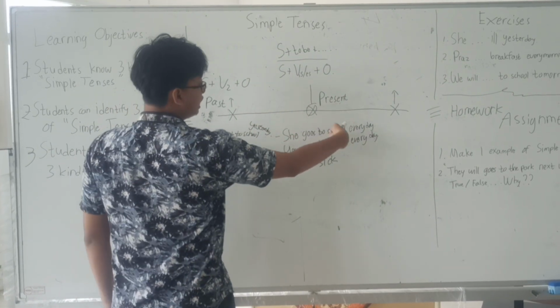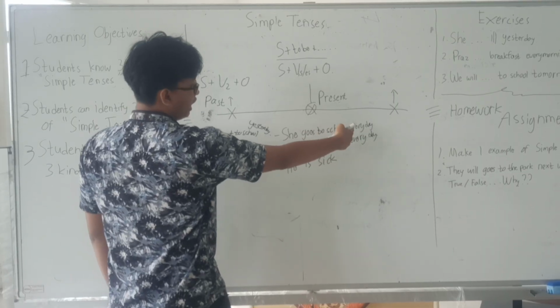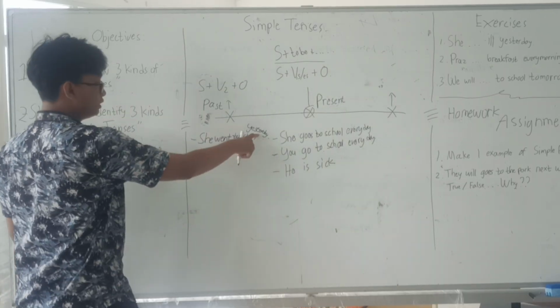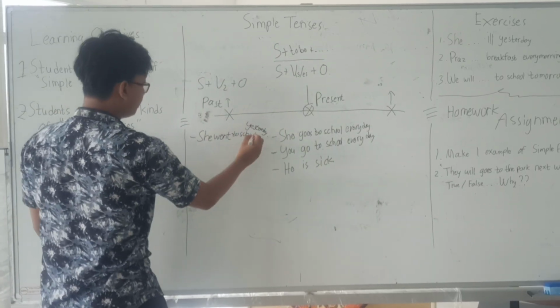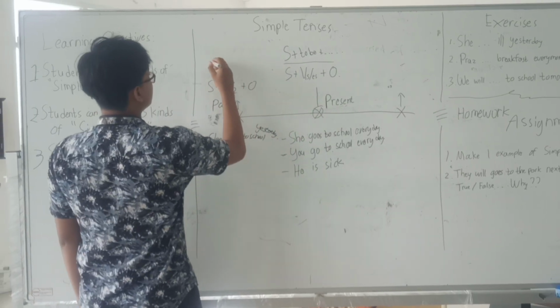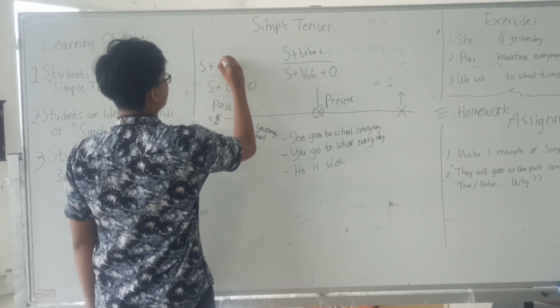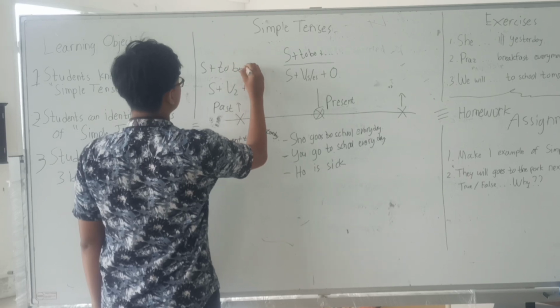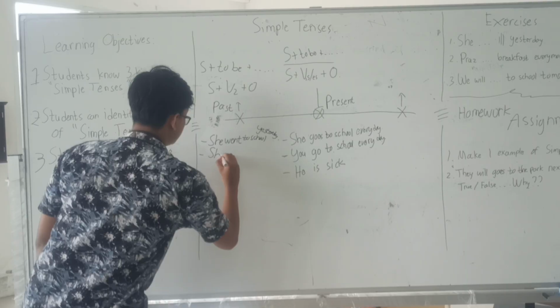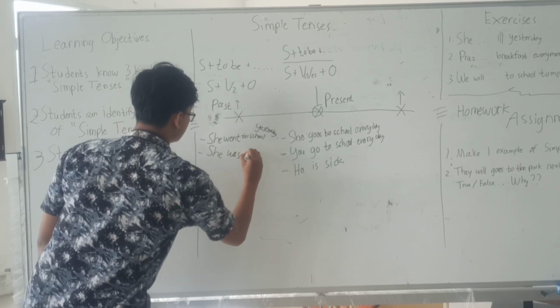The present is a habit or anything that we usually do, but the past is different. And as with the present tense, we have another formula: subject plus to be. For example: she was sick.